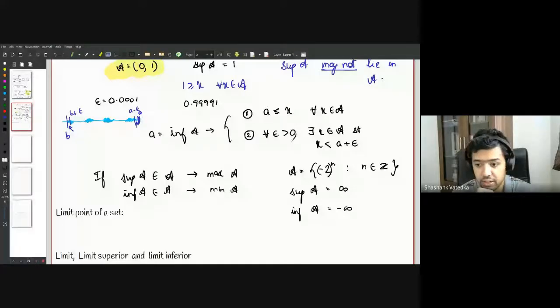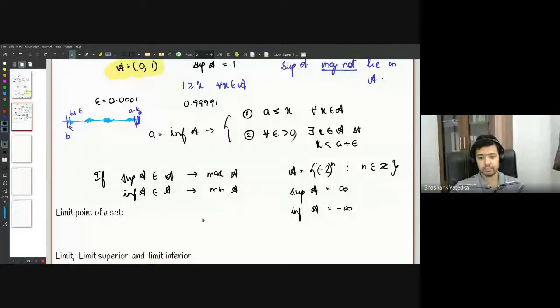And if you view this as a sequence, so if you look at f of n equal to (-2) raised to the n, then this is a divergent sequence. For even n, it's a monotonically increasing sequence, and for odd n, the corresponding subsequence is monotonically decreasing.